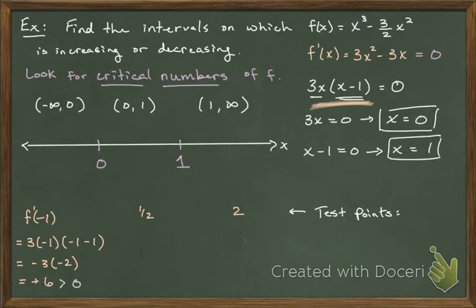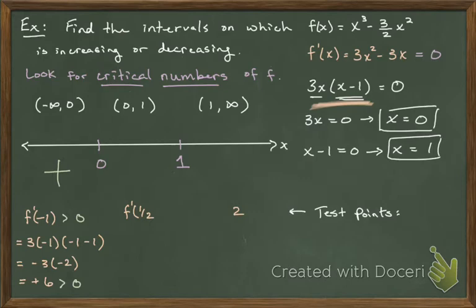I don't even care what the number is. I'm just looking for the sign. So that's a positive number. I'm going to put a plus sign in this interval from -infinity to 0. My derivative is positive in that interval, and a positive derivative means my function is increasing. I'm going to put those arrows in just a moment.